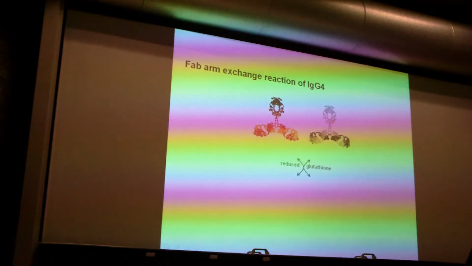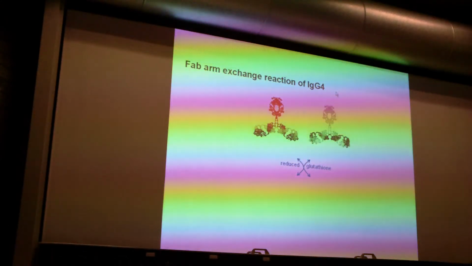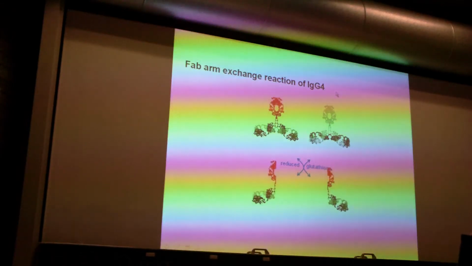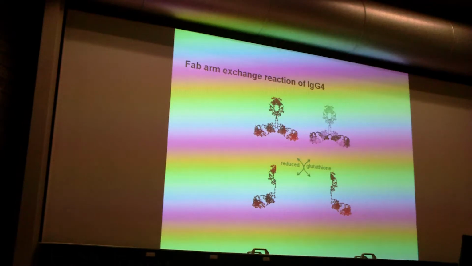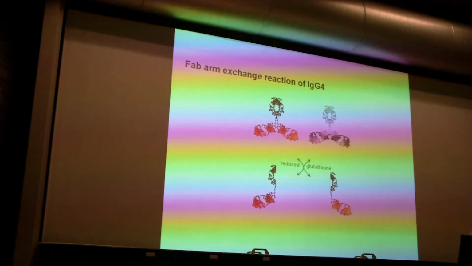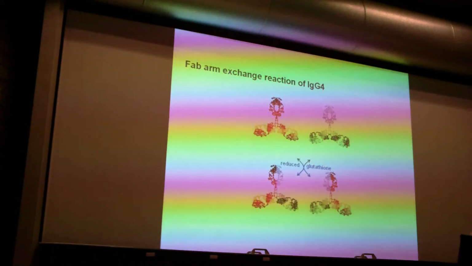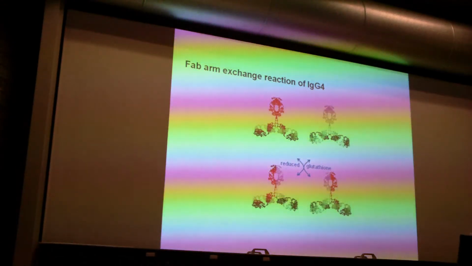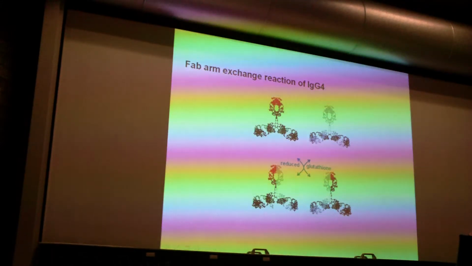And what happens in the blood, quite fast, is that these antibodies fall apart into half molecules composed of one heavy and one light chain. The other antibody will do the same. They can recombine to make these hybrid antibodies. Since they have two different antigen binding sites, they will not cross-link the same receptors.